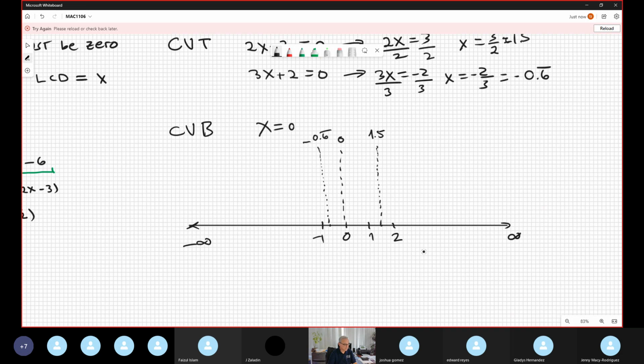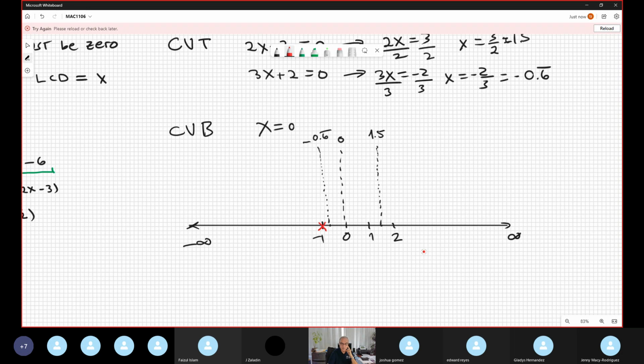Okay, what should I do? Take the testing point. I want to recommend a testing point; I don't want to ask you what the testing point is. Well, I recommend -1. The idea is that in between this interval you take -1 or -2, but I recommend close to the critical value.